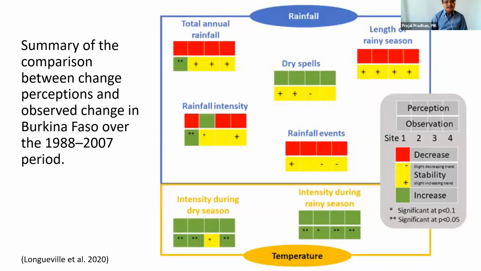Now, this is really an interesting thing to see, how there are differences between what is measured, yeah, and what people perceive. And we can see here, in terms of, let's say, temperature, that there is a good match, because people also think there is an increase, yeah, and the data also shows that there is an increase in temperature.